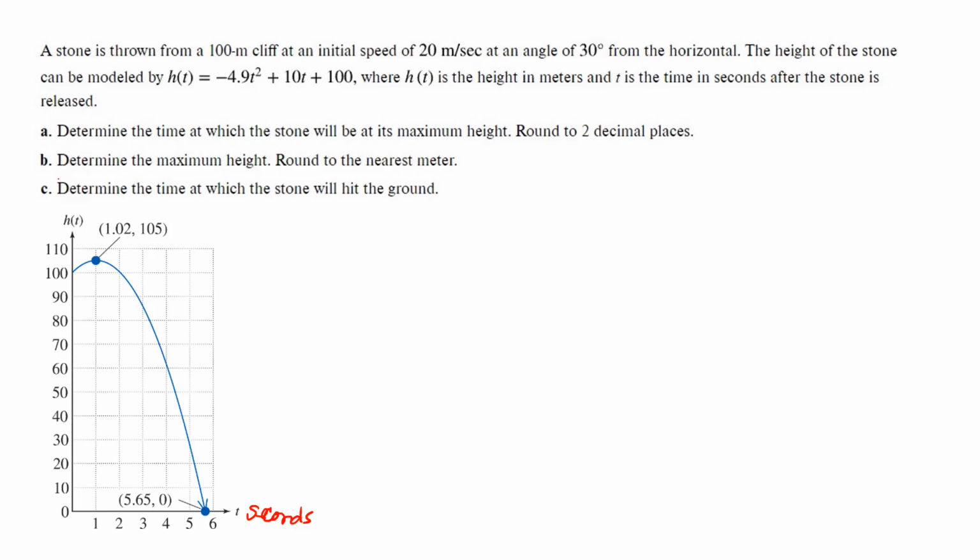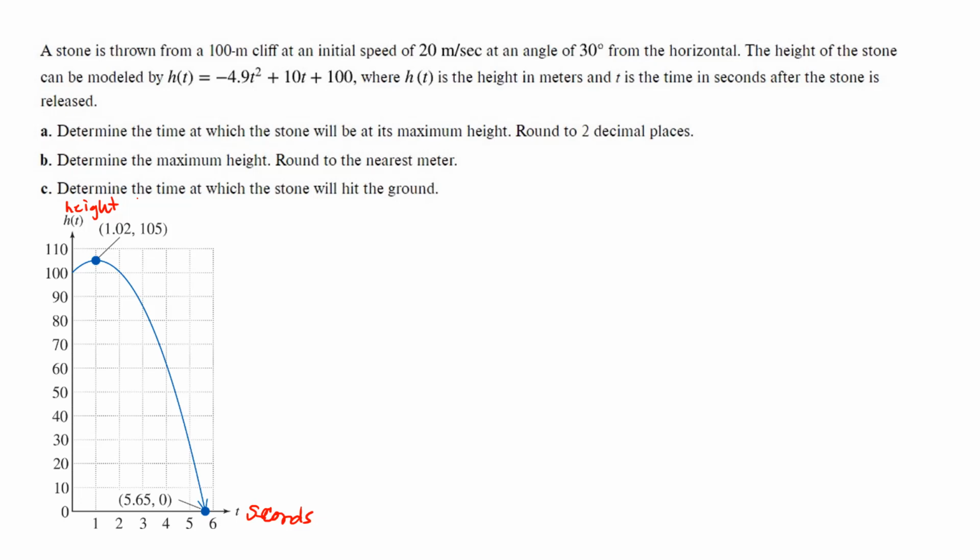The y-axis is the height above the ground of the object. So the point is you throw the thing at 0 seconds, and then it's going to go up a little bit, it's going to go down, and finally it's going to hit the ground. And this function tells you where it is above the ground after a certain number of seconds.